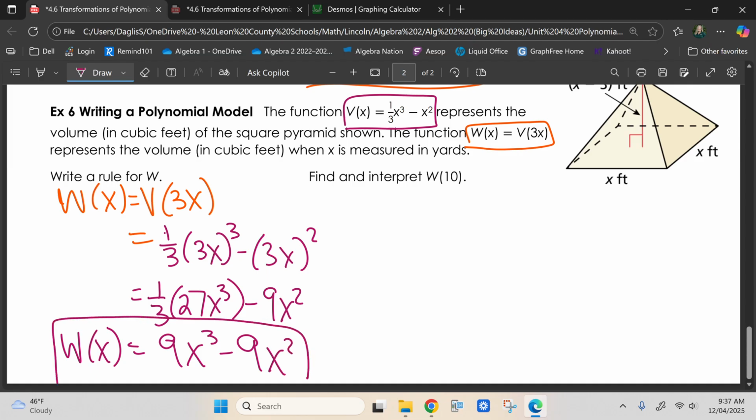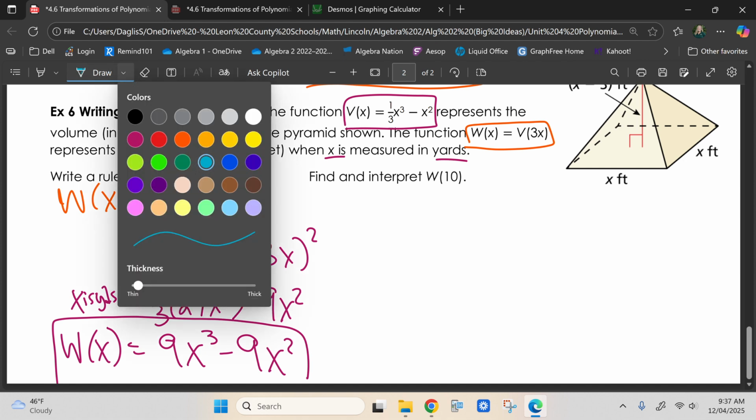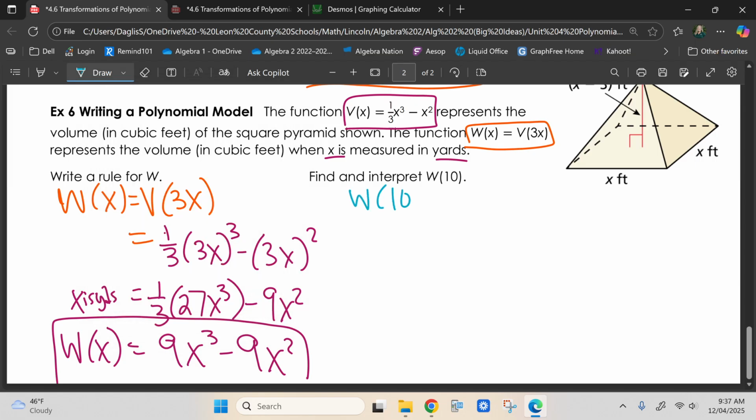Okay? So again, w is when x is measured in yards. That is when I would use w. If I'm measuring my pyramid in feet, I would use the v function. So that's the difference between these two. Find and interpret w of 10. I have a rule for w.